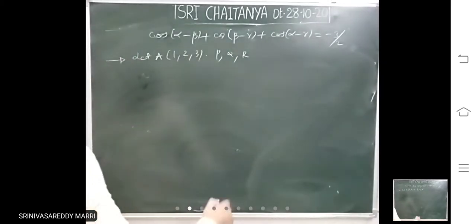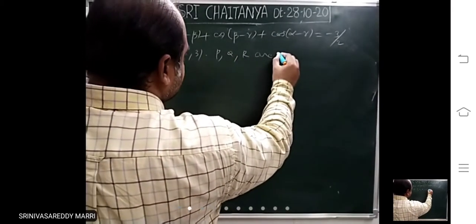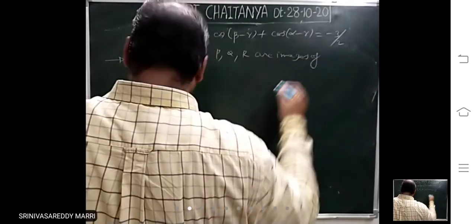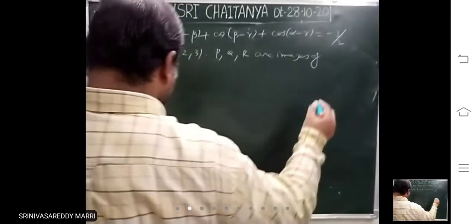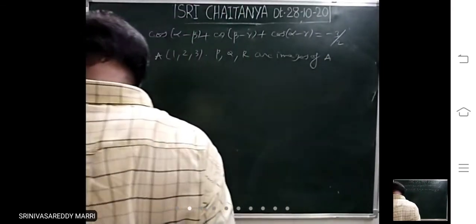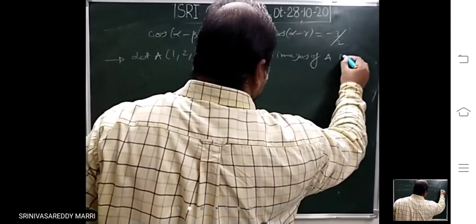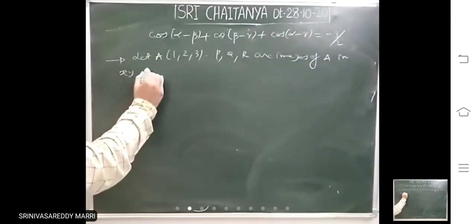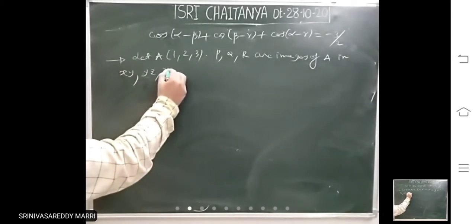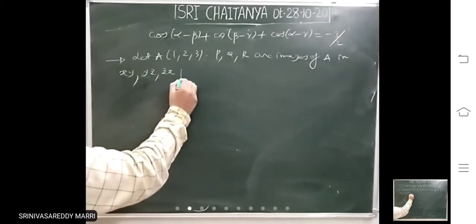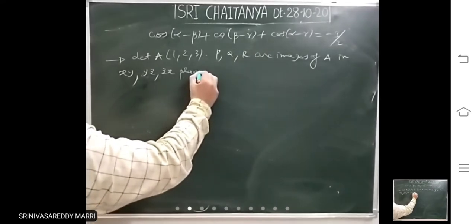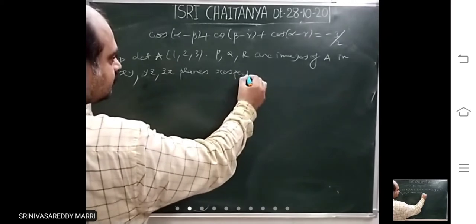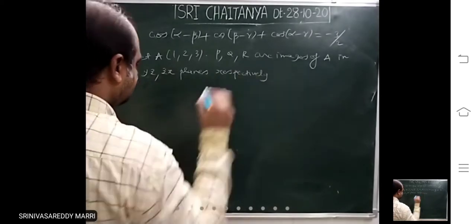P, Q, R are images of A in the XY, YZ, ZX planes respectively.